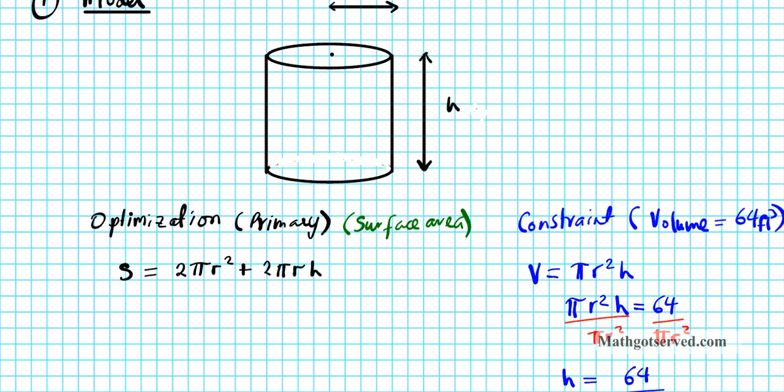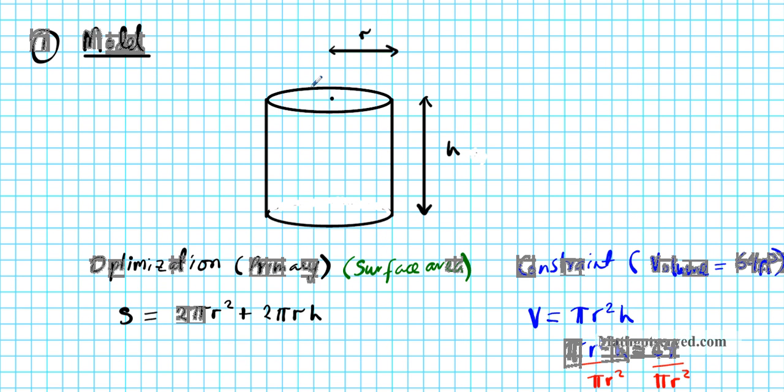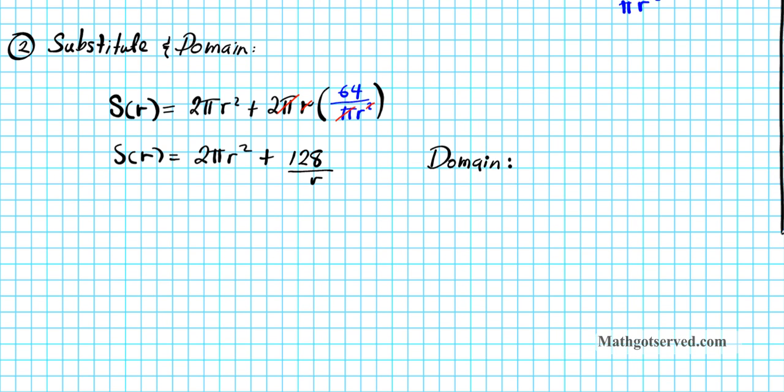We're dealing with the measures of a figure, namely the radius of a cylinder. Can a radius have a negative measure or negative value? The answer is absolutely not. So we know that r cannot be negative, r can only be positive. Okay? So we know for one thing that r has to be bigger than 0.